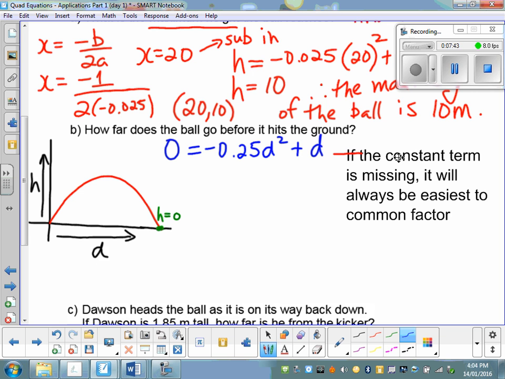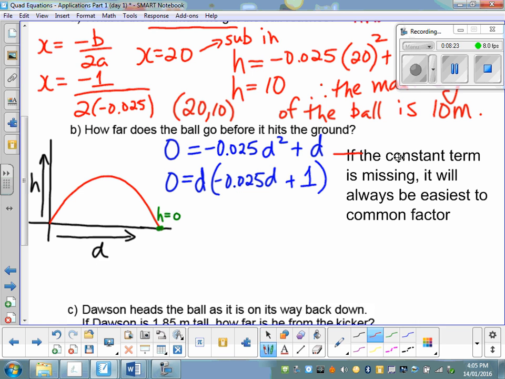So if we common factor this, D is common to both terms, so we take D out, and that means we're going to get negative 0.25, oops, I'm copying this number down incorrectly, that could be a problem. Let me just fix that. I think that's the first mistake I've made on these videos all year. So I take D out, so I don't want to forget that 0, so it's going to be that, and then plus 1 for the D on the end. So I'm just factoring D out of both those terms.